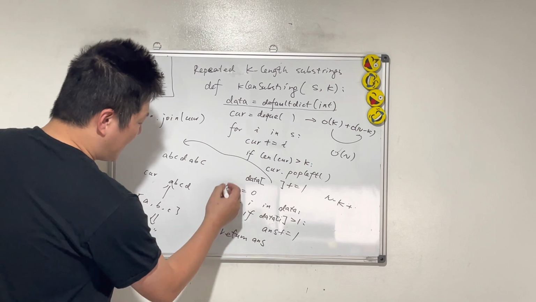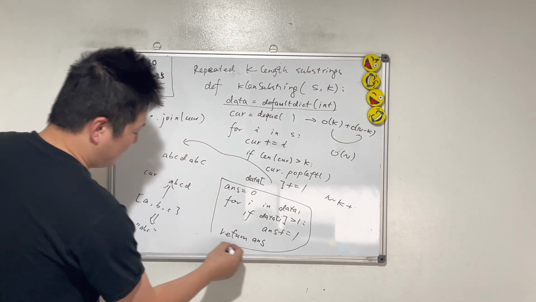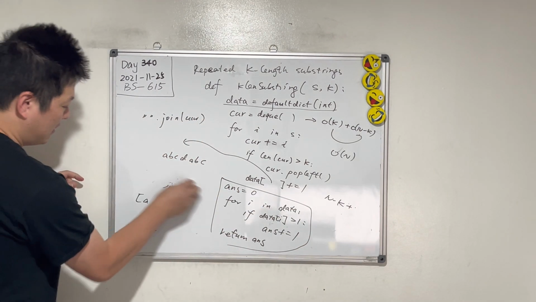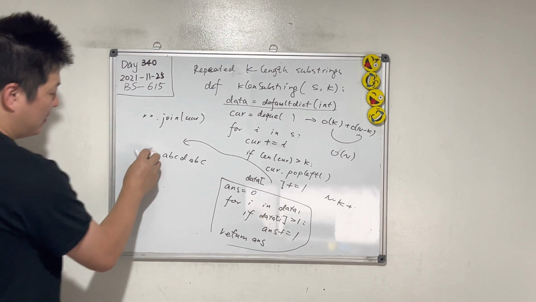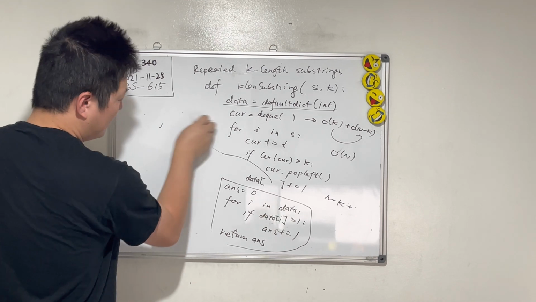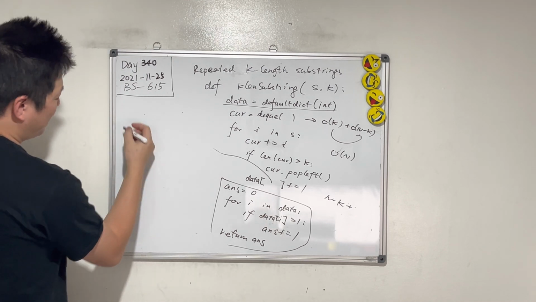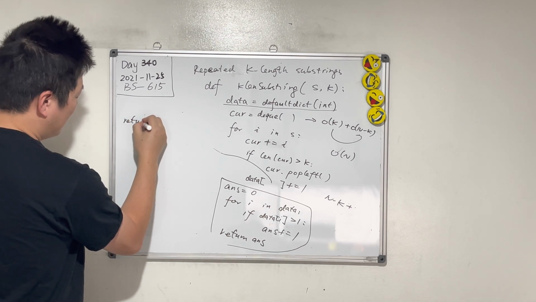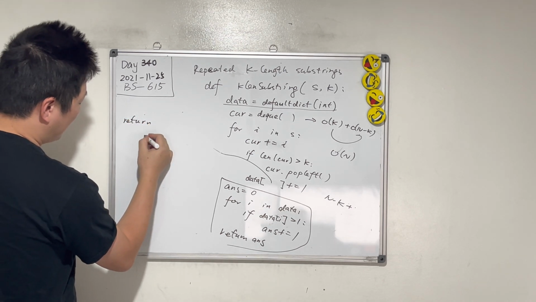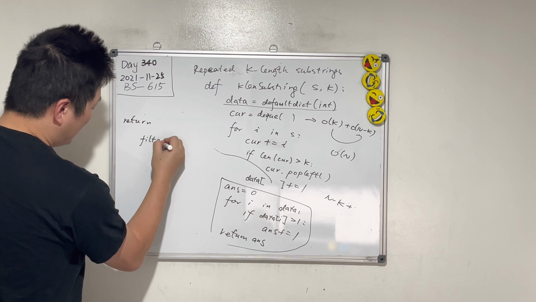So this bit we can make prettier. We can say return, actually we want to filter. Filter what?